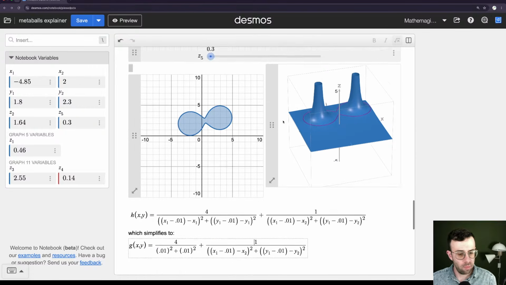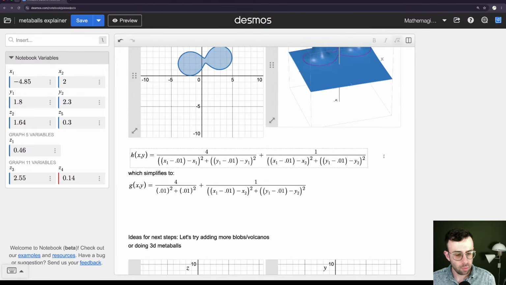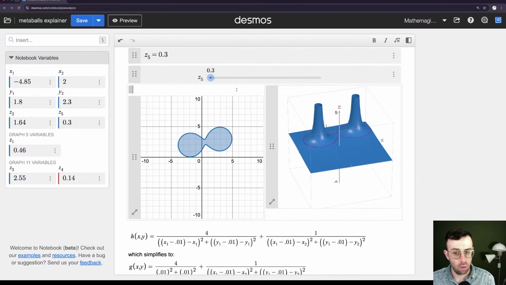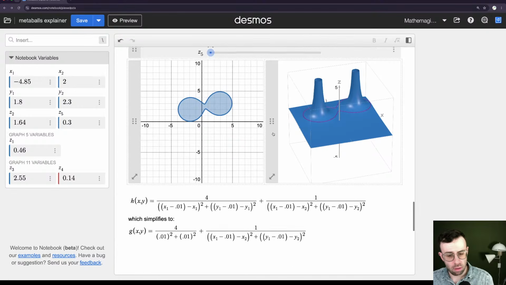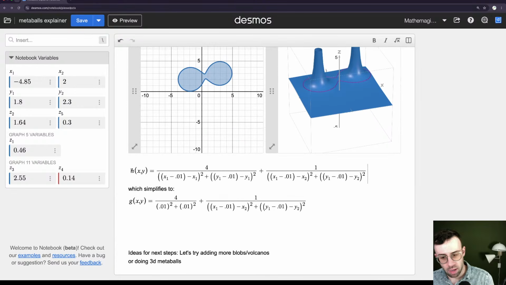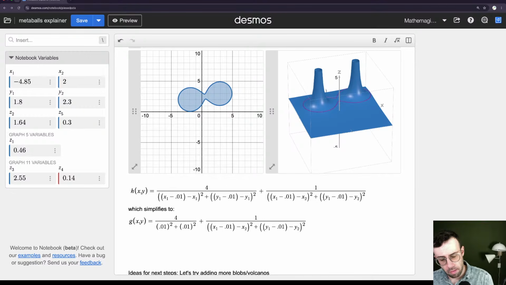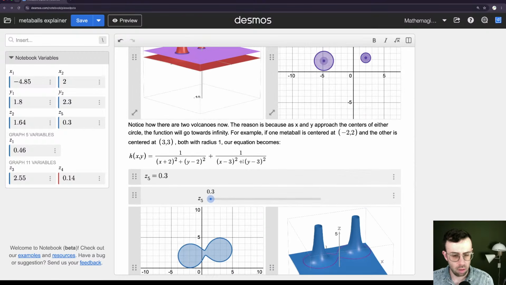So I showed that. Now let's take a point really close to one of the centers of the circle and see how it evaluates. Let's take a point really close to the center of one of the circles. Let's do 2.01. No, what was the center of this circle? Negative 2, 2.